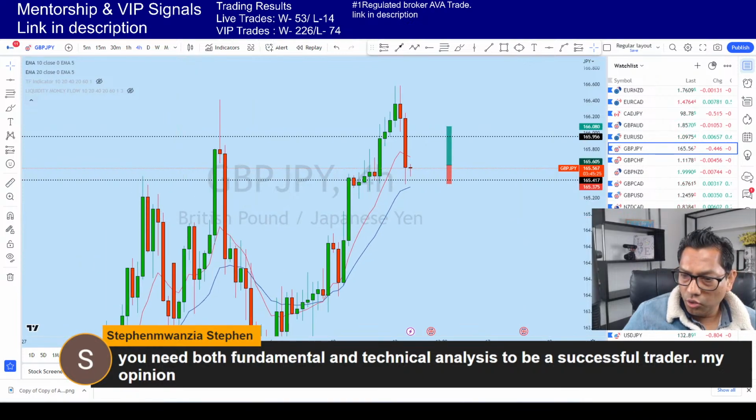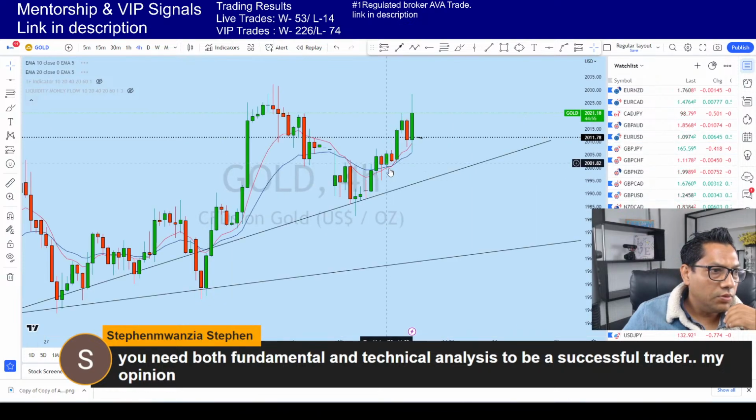GBPUSD is currently showing very strong bullish price action, so I'll be looking to see if there is any trade coming along the way on this one. Let's see what gold is doing.